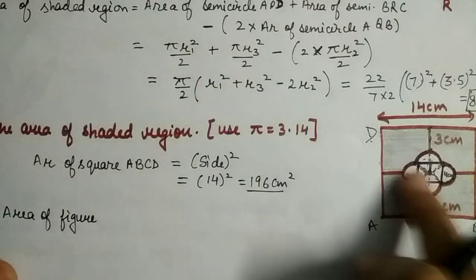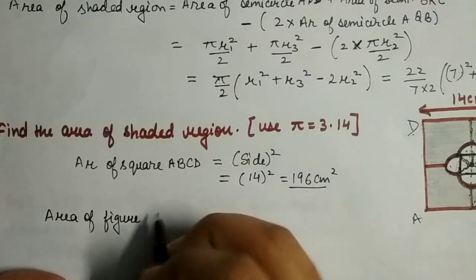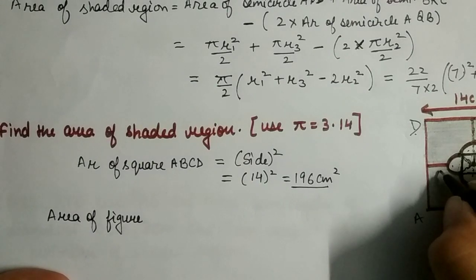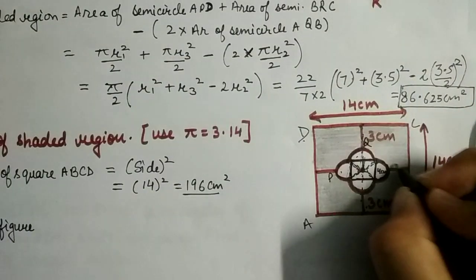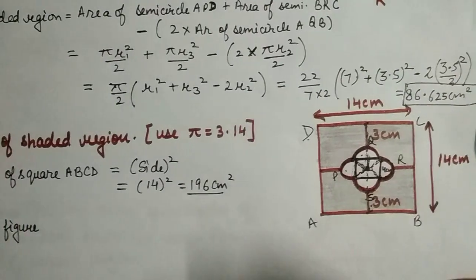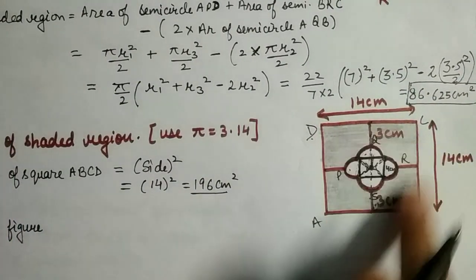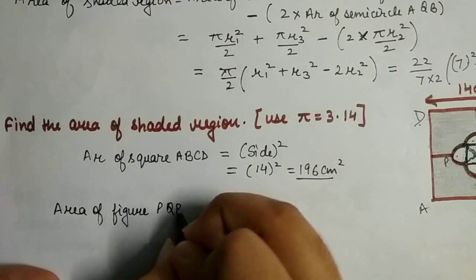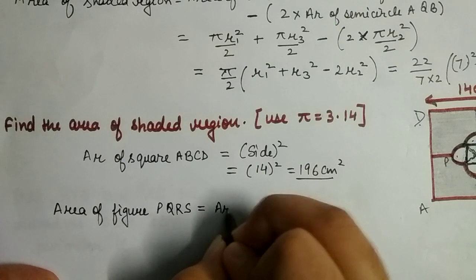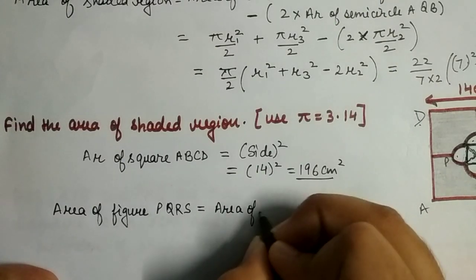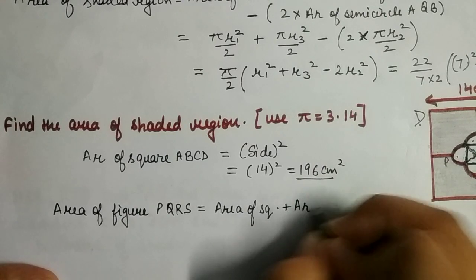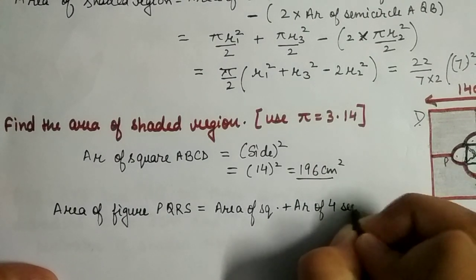Okay, so area of this figure is, let us name this figure as PQRS. Okay, so this is PQRS, this is the figure. Okay, so area of figure PQRS is area of square, small square, plus area of 4 semicircles.